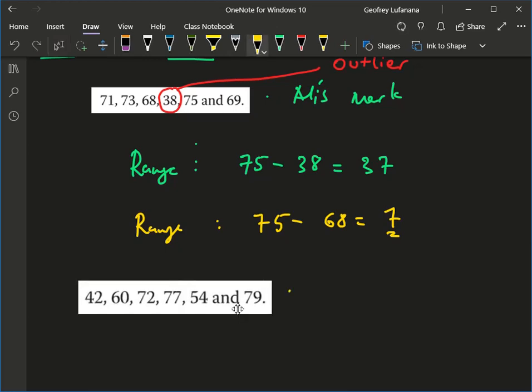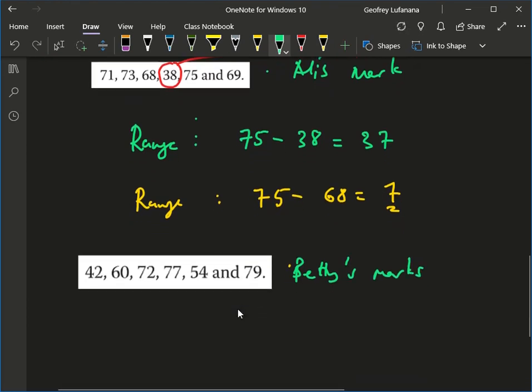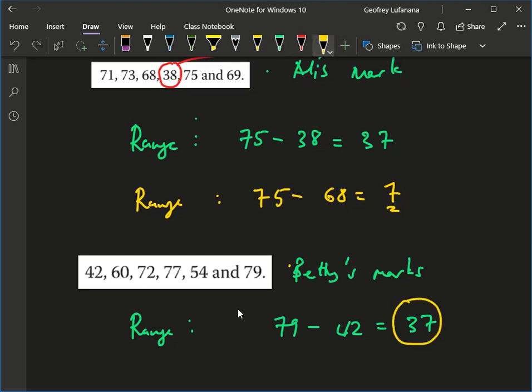These are from the same math tests as Ali's. So let's say these are Betty's marks for maths. If we calculated the range for Betty's marks, it would be 79, her highest, minus 42, her lowest, which is also 37, similar to that of Ali.